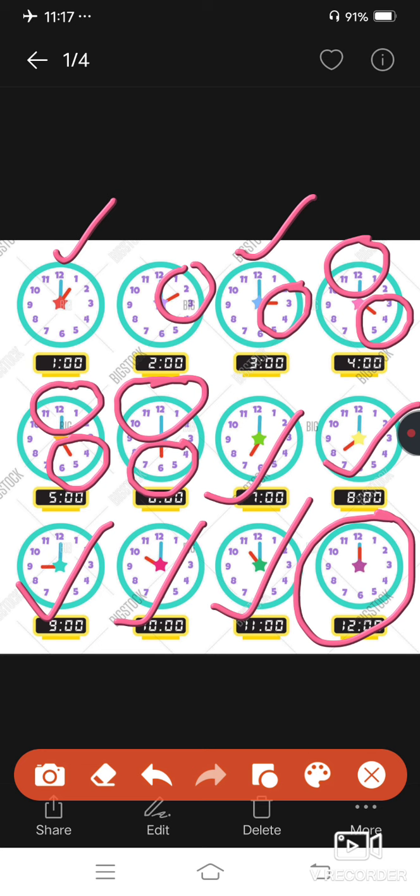Now, students, when the time is a full hour, or o'clock, it means the long hand always points towards 12. When the long hand is at 12 and the short hand is placed anywhere, that means it is o'clock timing.